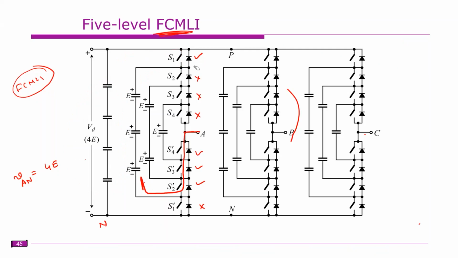Similarly, this switch S2 is on, right? This is off. So now tell me what is the voltage across A and N?